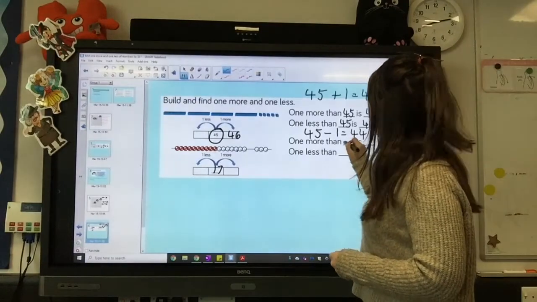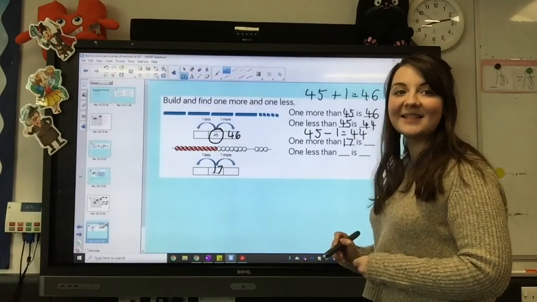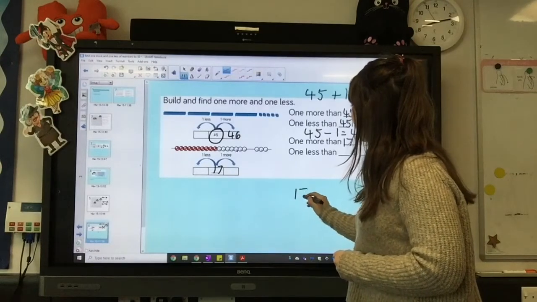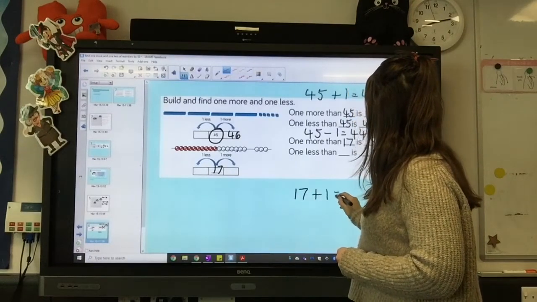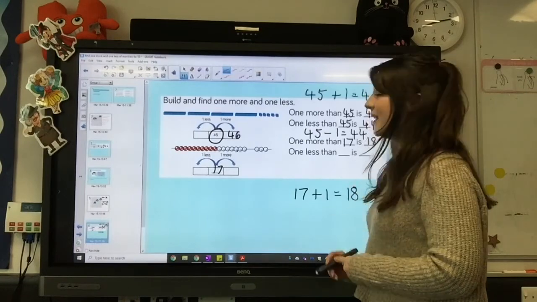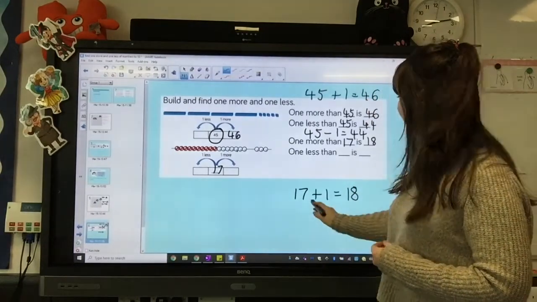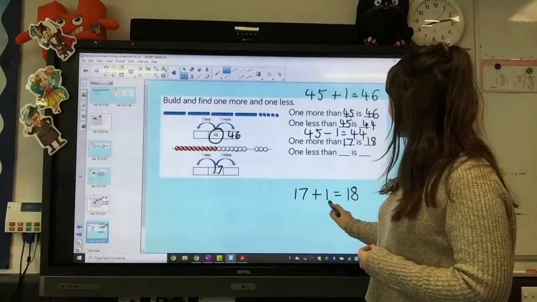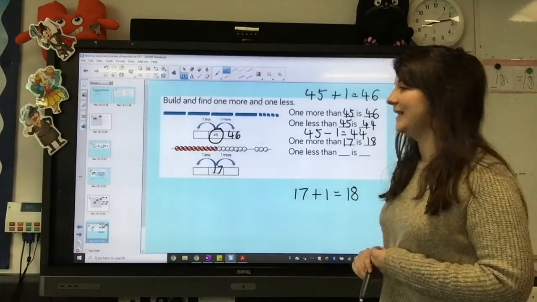One more than 17 is 18. 17 plus 1 equals 18. Our tens stay the same. 7 add 1 equals 8. So 17 plus 1 equals 18.